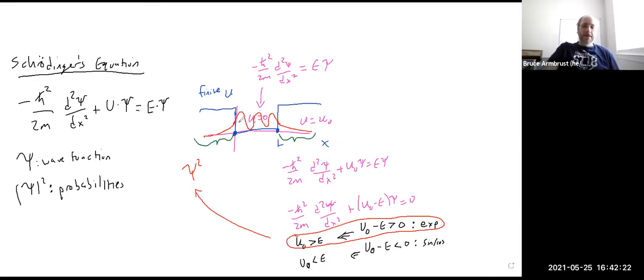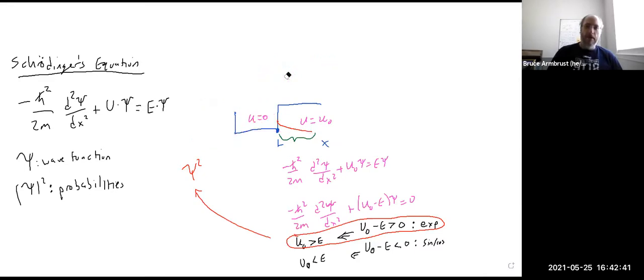Okay, so there's that example with a finite potential well. Let me show you another situation, and this one we have lots of evidence for. This time, let's put in a potential barrier.